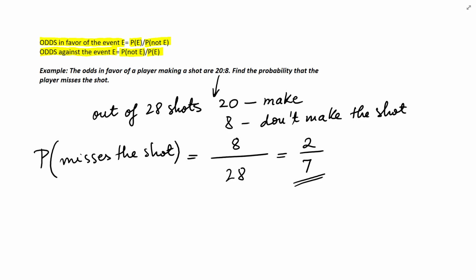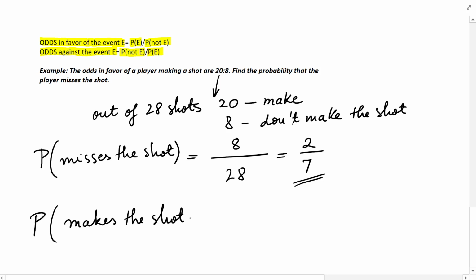What if we had to find the probability that he makes the shot? Well, that would be the number of times he makes the shot, which is 20, out of the total number of times they shoot the ball. So when we divide by 4, we get 5/7.